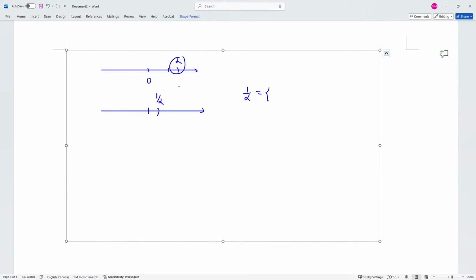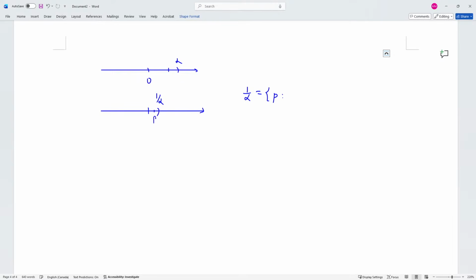So 1 over alpha is a set. It consists of P such that 1 over P is not in alpha, and that's not quite enough. 1 over P needs to be strictly to the right of alpha.